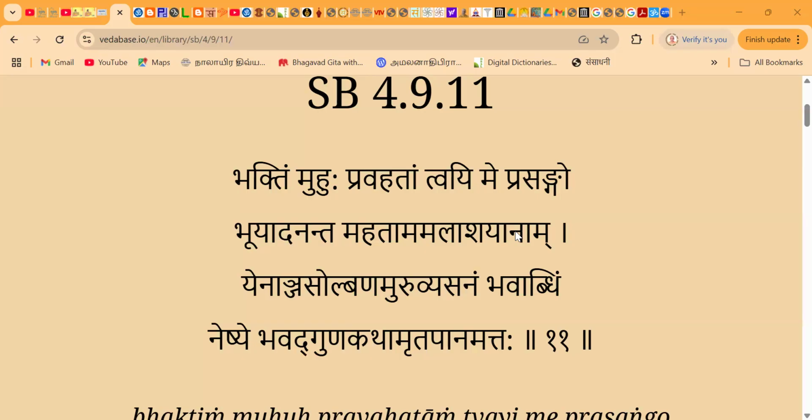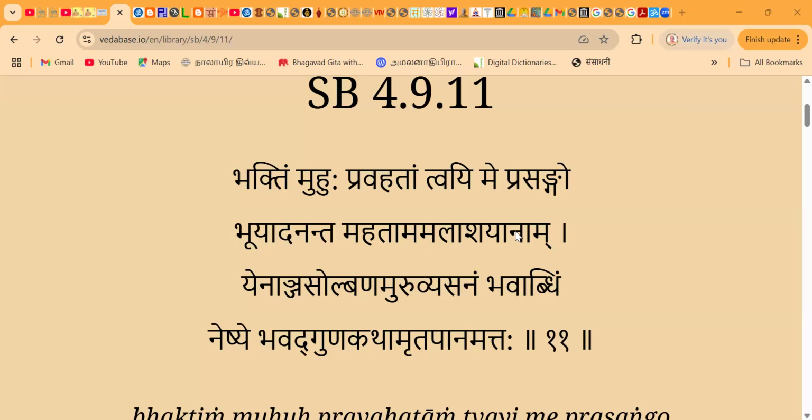And ulbanam and uru vyasanam are two adjectives. This ocean of material existence is ulbanam, uru vyasanam, it is full of terrible suffering. But anjasa, I shall easily cross this terrible ocean filled with suffering, this ocean of material existence, by association with your devotees.